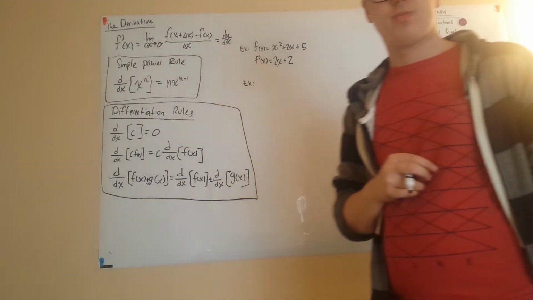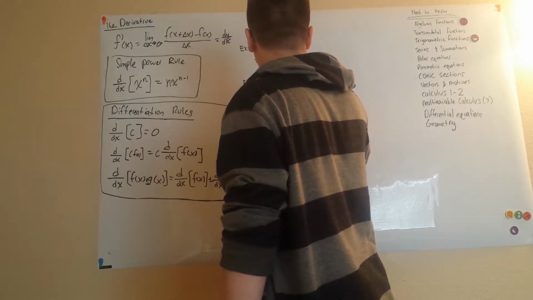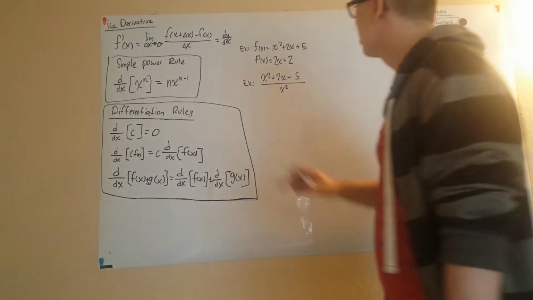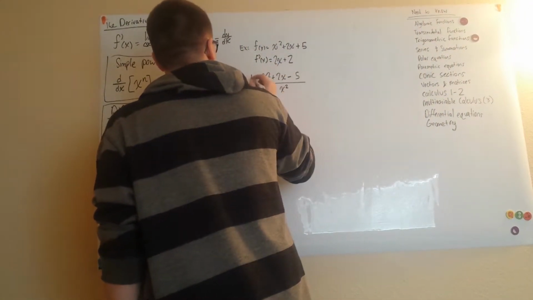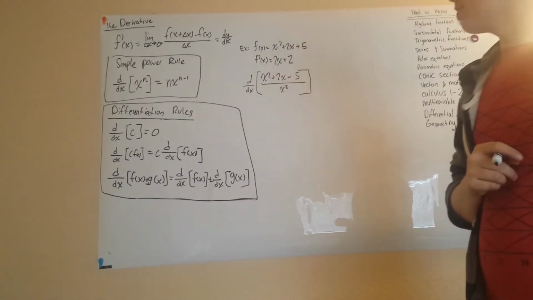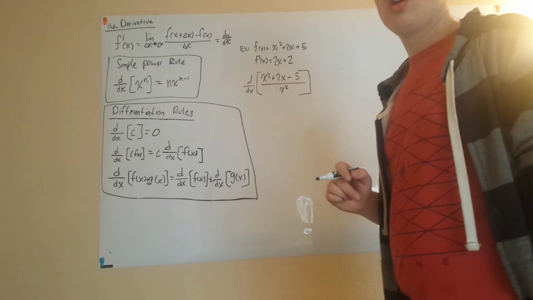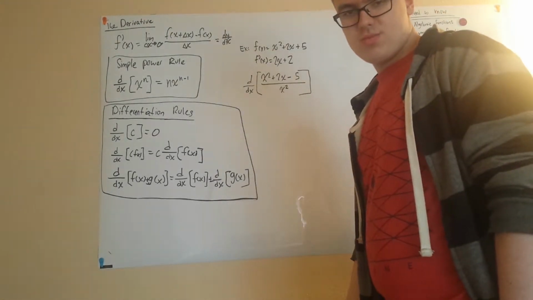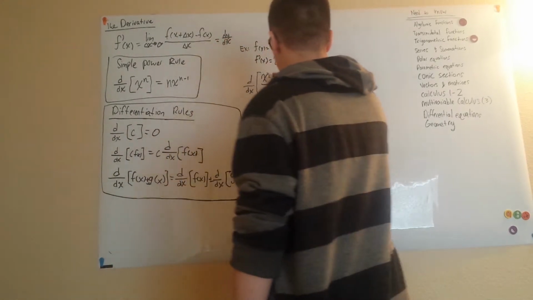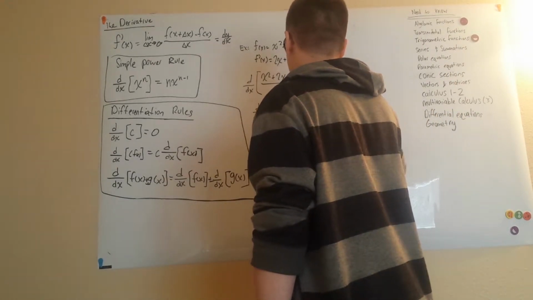Okay, let's do another example. Can we find the derivative of this stuff? Well, this is a function over another one. Can we simplify it? Yes, we can. We can divide out, remember? So this is 1 plus 2x.